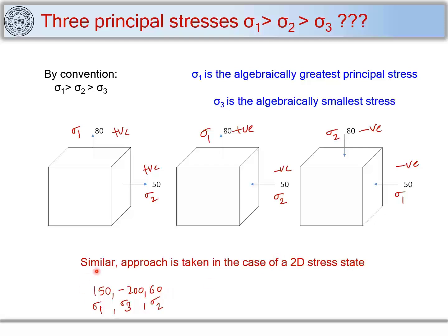Now let's look at how this sigma 1, sigma 2 and sigma 3 can be represented geometrically. We have used Mohr's circle to represent the 2D stress state. Now we'll see how the 3D stress state can be represented using Mohr's circle.